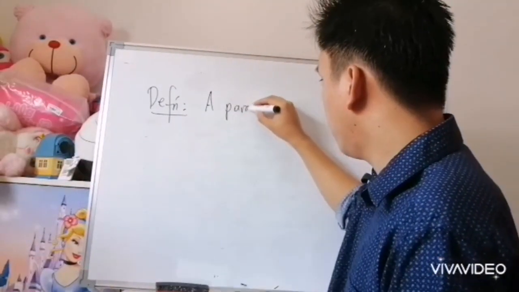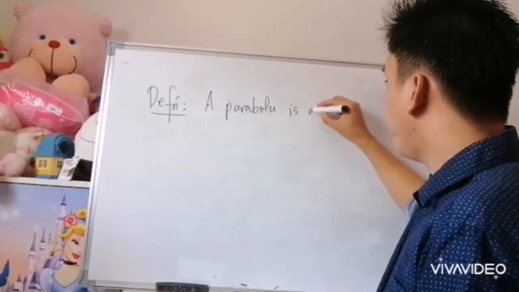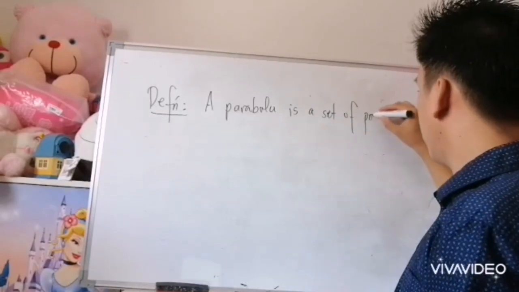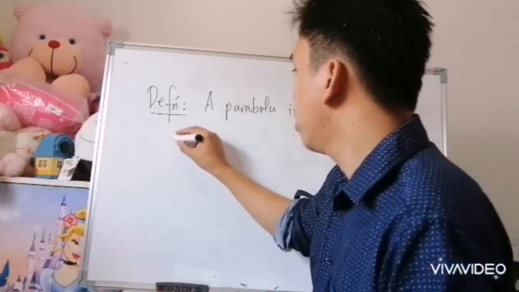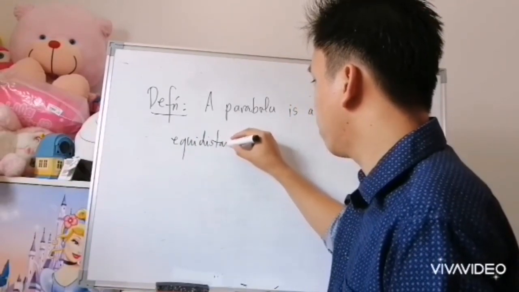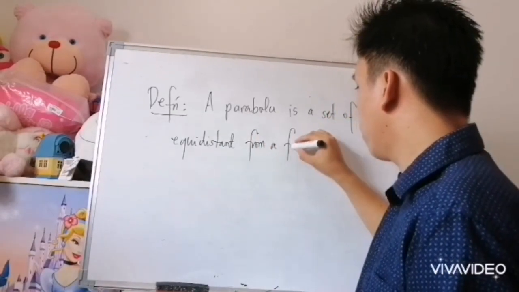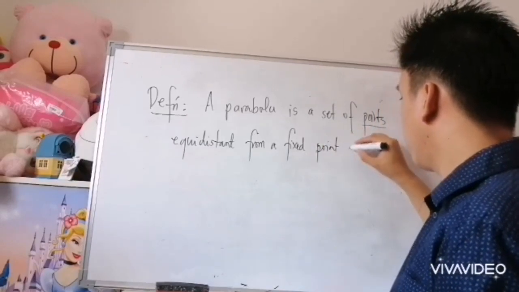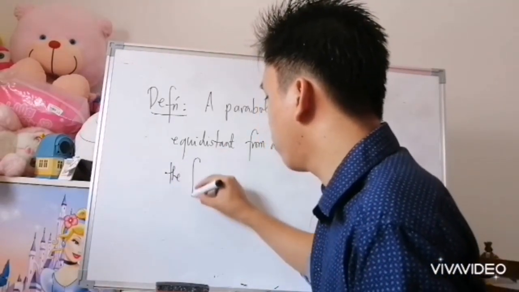A parabola is a set of points equidistant from a fixed point called the focus.